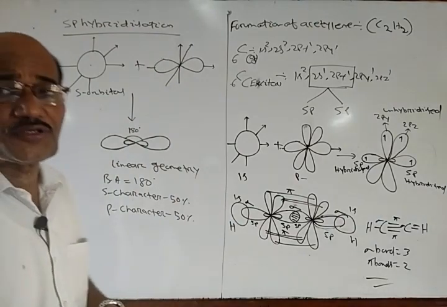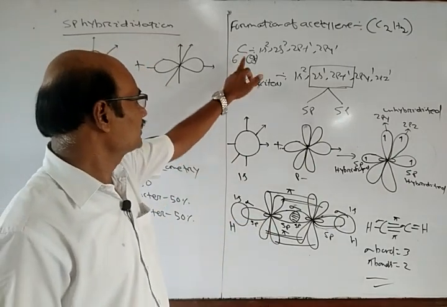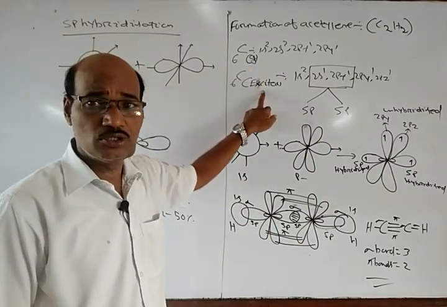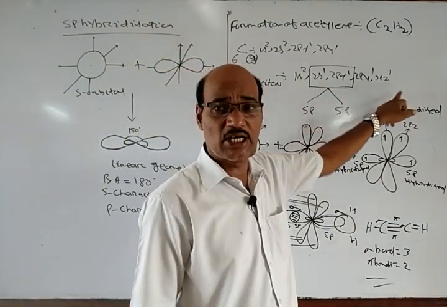For the formation of the C2H2 molecule, first of all, carbon undergoes excitation to give 1s2, 2s1, 2px1, 2py1, 2pz1.